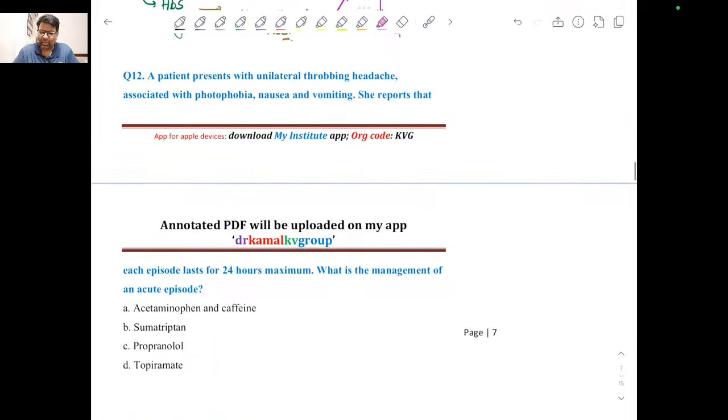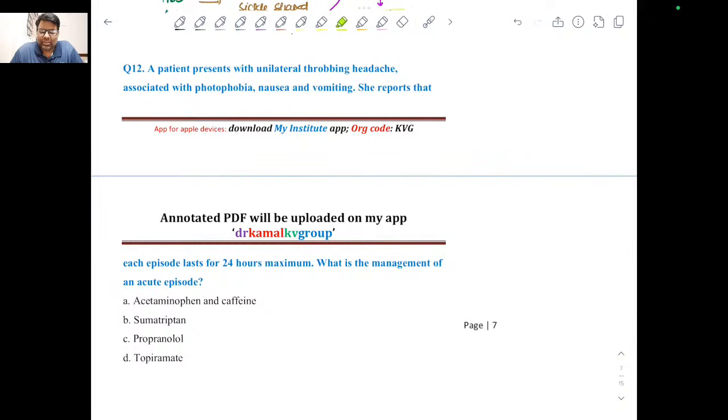The next question, a patient presents with unilateral throbbing headache associated with photophobia, nausea and vomiting. She reports that each episode lasts for 24 hours maximum. What is the management of an acute episode?